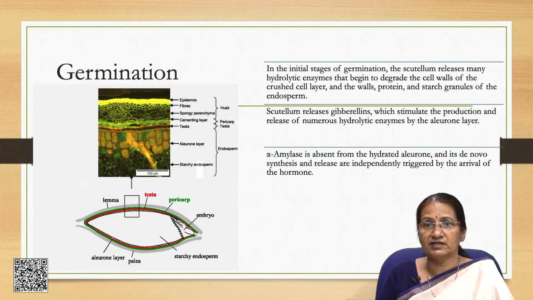Alpha amylase is absent from the hydrated aleurone and its de novo synthesis and release are independently triggered by the arrival of the hormone.